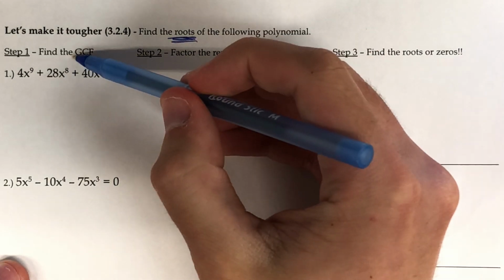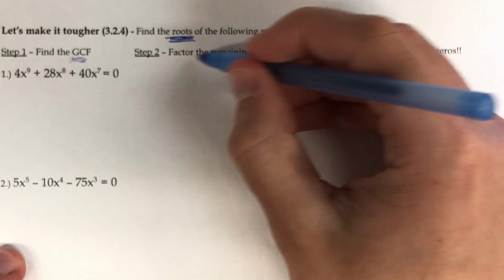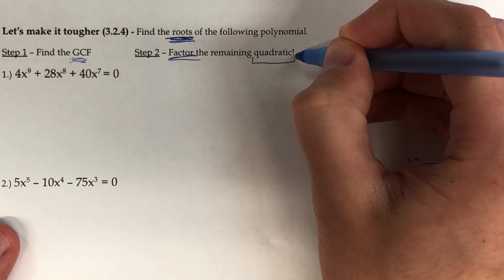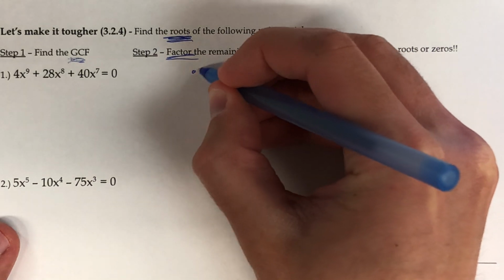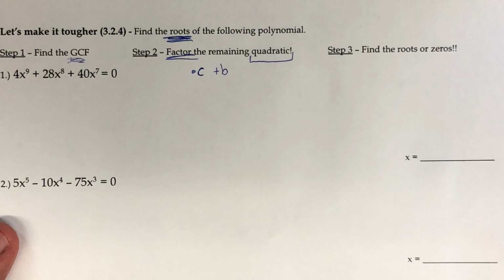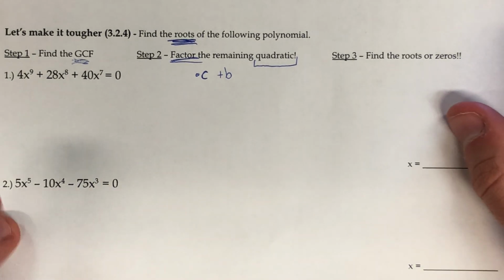Number 1, we find the GCF, or factor it out. Number 2, we factor the remaining polynomial, or the remaining quadratic, by thinking about, remember, multiplies to c, adds to b, so that idea comes up again. And then we can find our roots or zeros. So let's start going step by step here.